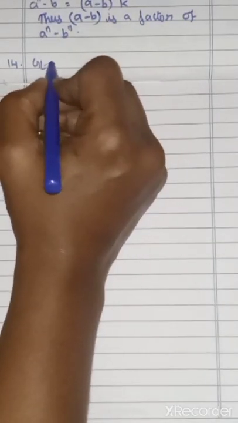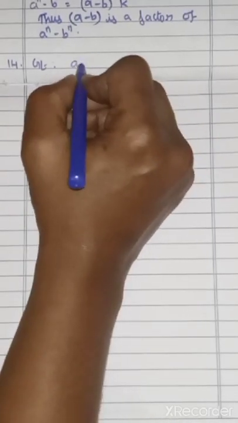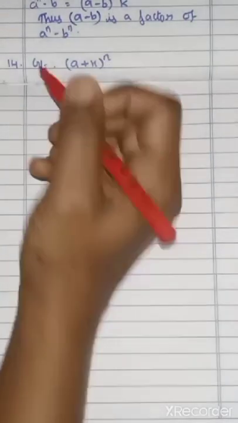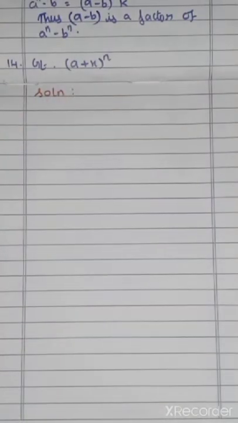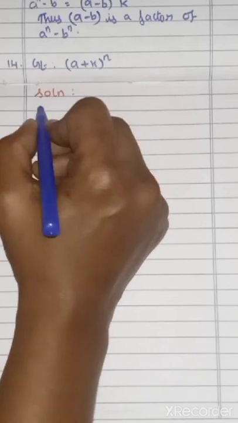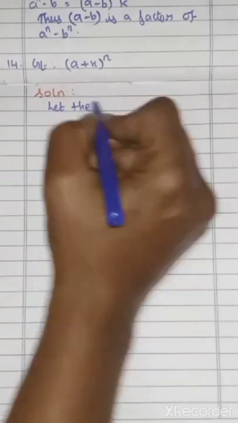The expansion (a plus x) power n. Okay, so some ratios are given. 3 consecutive terms' ratio is given as 1:7:42.